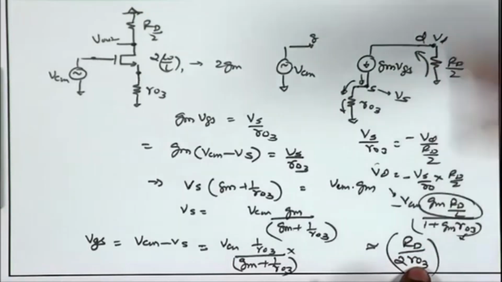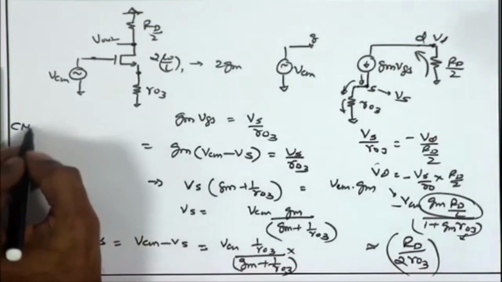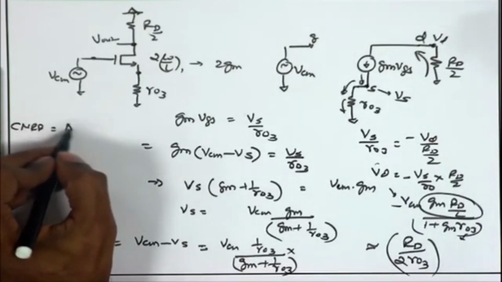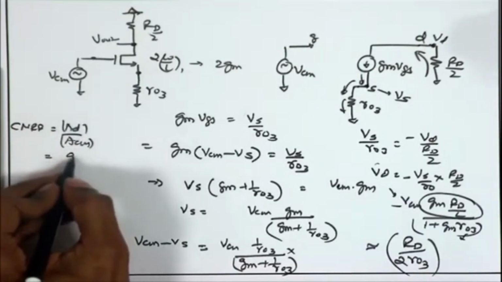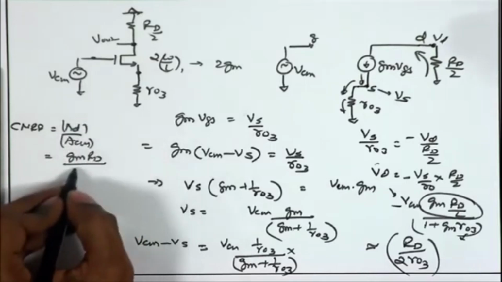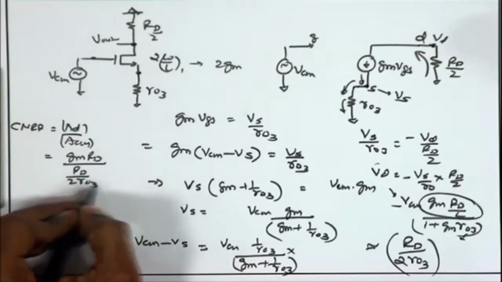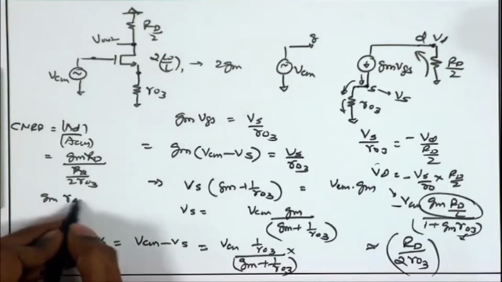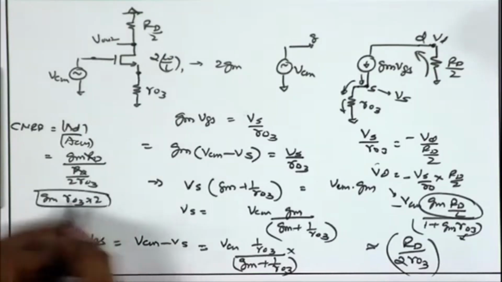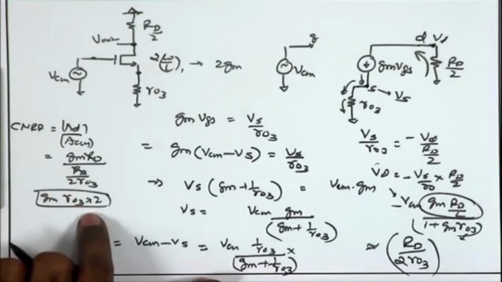Therefore, the common mode rejection ratio, CMRR, which is A differential upon A common mode magnitude, is just Gm Rd upon Rd upon 2 Ro3. So, basically Gm times Ro3.